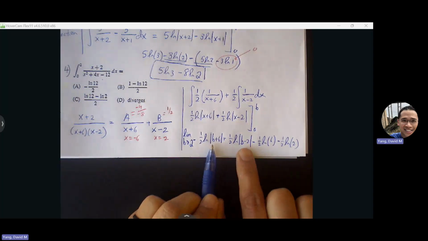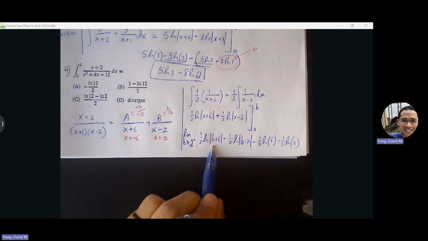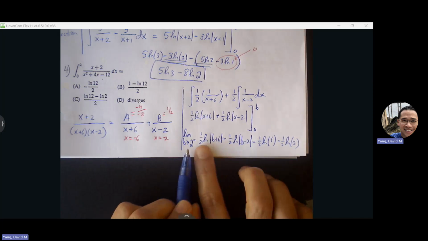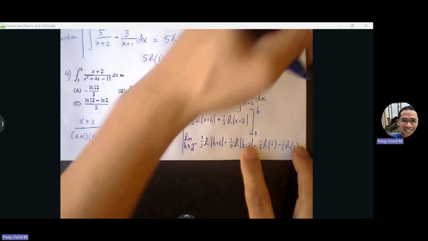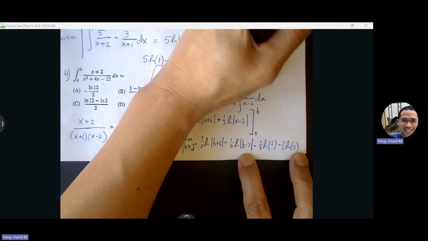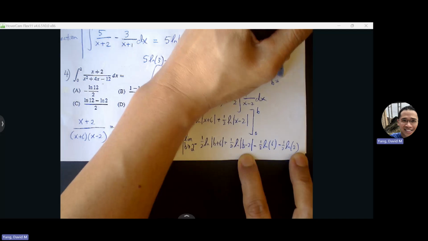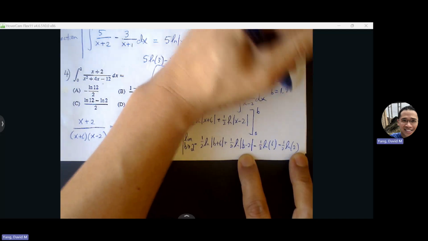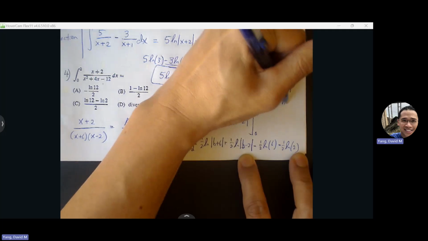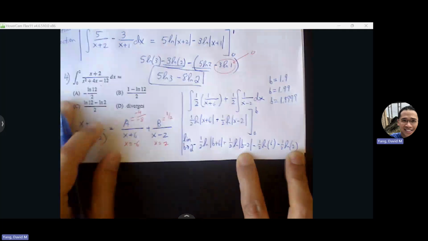So if we can show that one of these is going to infinity, then the whole thing will just be diverging. So imagine plugging values close to 2 and continuing getting closer and closer. If my b value starts off at 1.9, then what's going to happen if I use 1.99? And what's going to happen if I keep plugging in a value even closer towards 2?